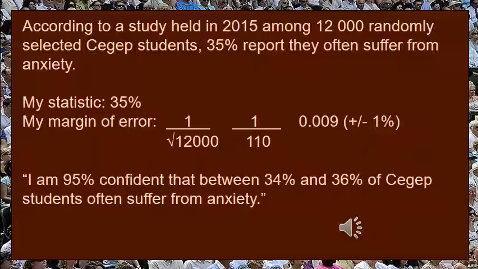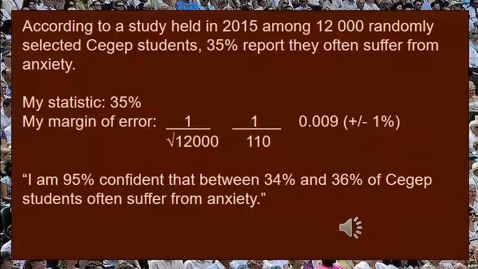It gives me 0.009, which is 0.9%. We will round up the number, plus or minus 1% is my margin of error. It's a very small margin of error, which is good in research. Very small margin of error. We like this because we had a large sample.